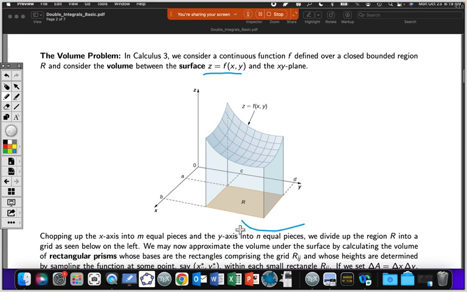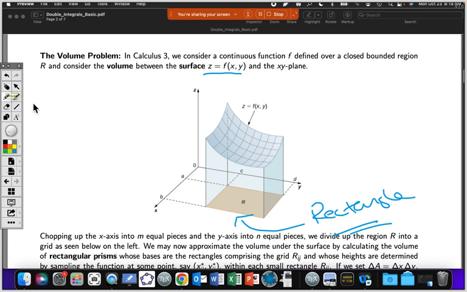Okay? So for the first day or so, we're going to assume that the region down here is a rectangle. And then we'll generalize to other regions on Wednesday or so.